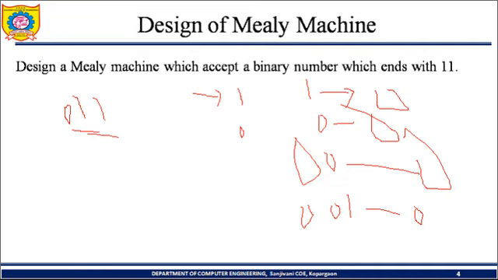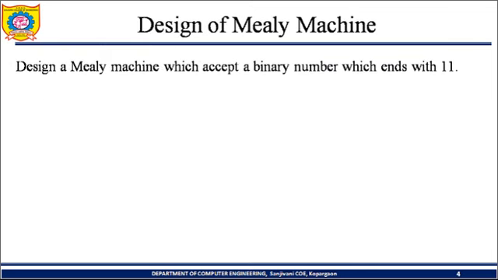Now we are going to design the machine. Q0 is the initial state. There are two possible outcomes: one is accept and the second is reject. As it is a Mealy machine, output is associated with the transition.